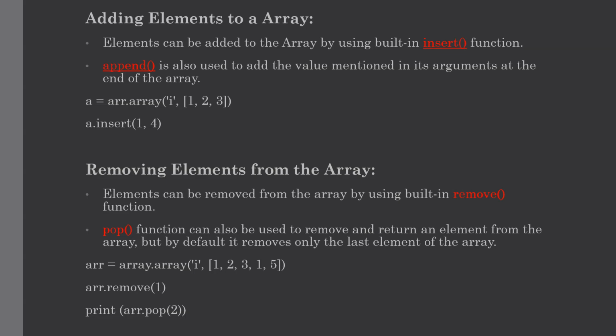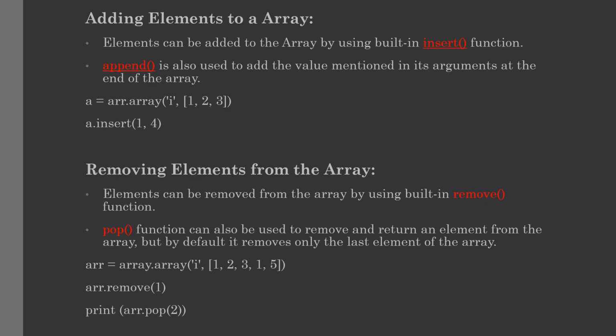So as we have discussed in our previous lecture, arrays in Python can be created by importing the array module, which is used to create an array with the data type and the value list specified in its arguments. So in this topic we are going to see how to add elements in an array. Elements can be added to an array by using the built-in insert function.